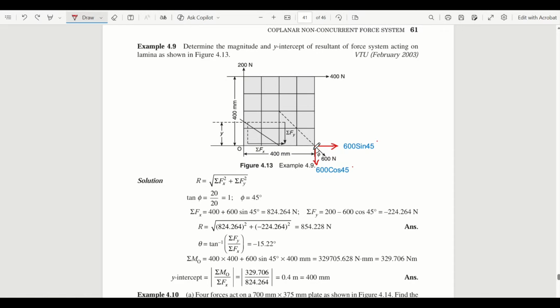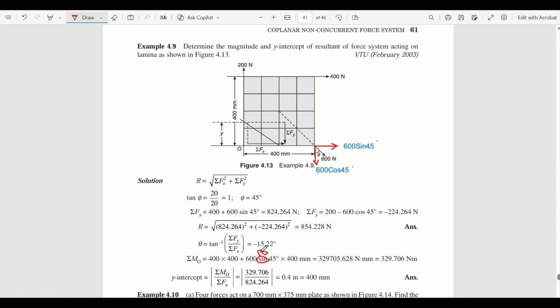Next come to this force. This is moving towards O in clockwise direction, so it will be positive. Plus 600 cos 45 into, what is the perpendicular distance? See, force is like this, perpendicular distance should be like this. How much will it be? 400, correct? So 600 cos 45 into 400. See here, they have mistakenly written sine, so it should be cos.